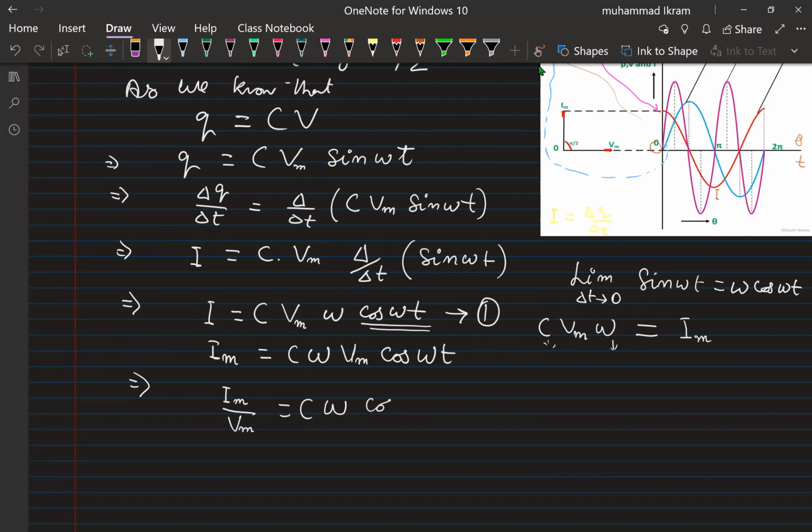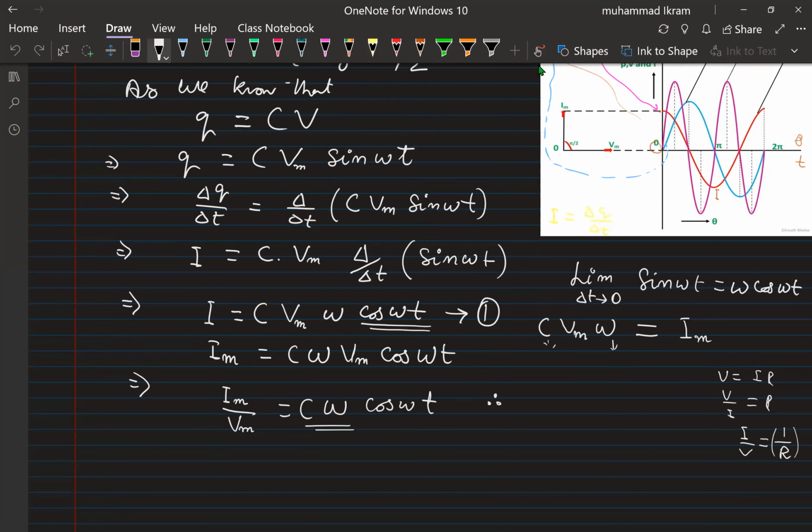According to Ohm's law, V equals IR, so V by I equals R, or I by V equals 1 over R. So definitely this is nothing but the capacitive reactance.